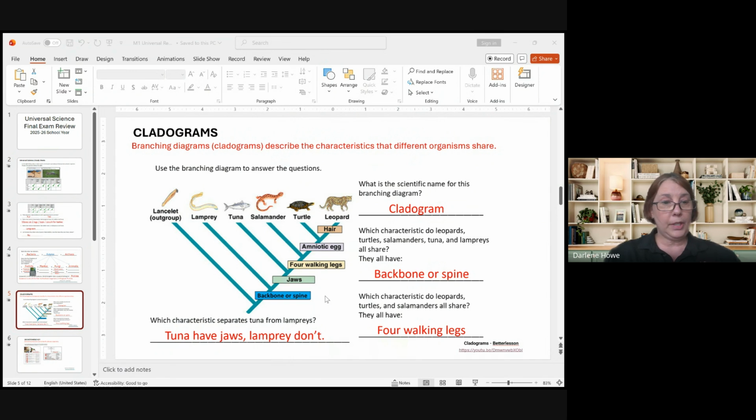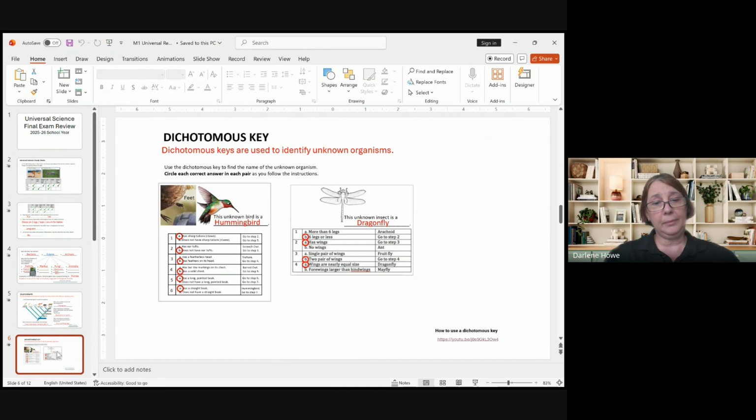Okay, next up. Okay, so those are cladograms. Those show the characteristics that different organisms share, and they also kind of talk a little bit about the relativeness of these different animals to each other. Okay, this next diagram is called a key. It's a dichotomous key.